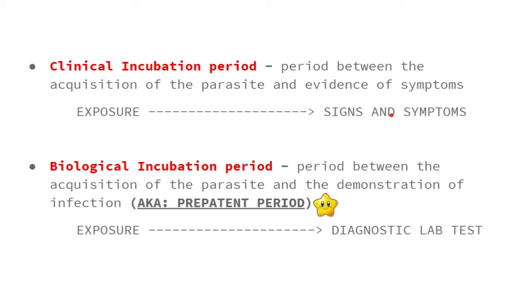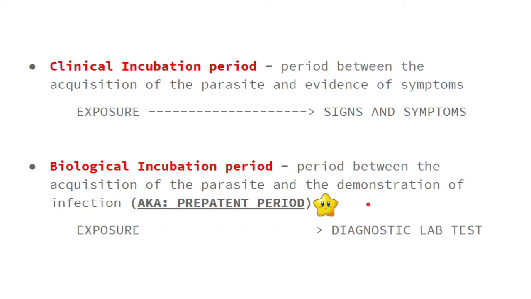That is the clinical incubation period. I repeat, clinical incubation period is the period between the acquisition or the exposure of the parasite and the evidence of signs and symptoms. So basically, simula nung time na na-expose ka hanggang sa mag-show ka ng signs and symptoms, that is known as the clinical incubation period.